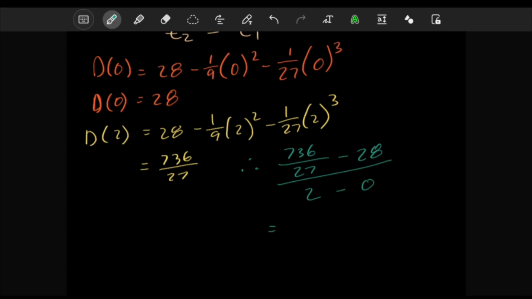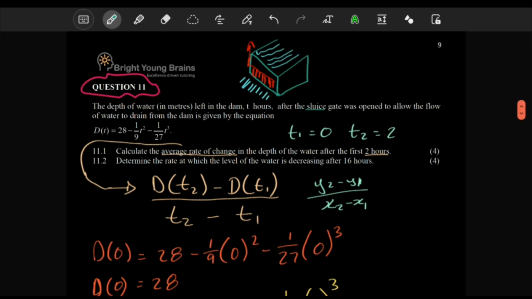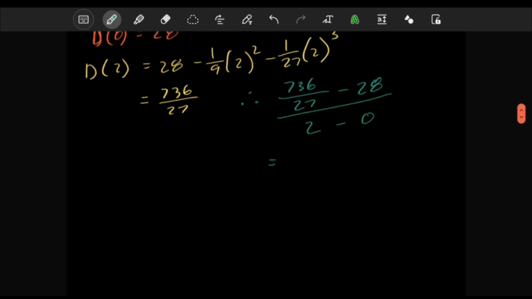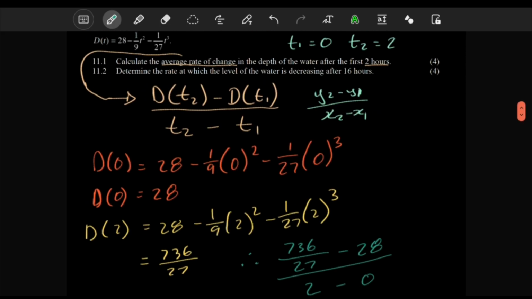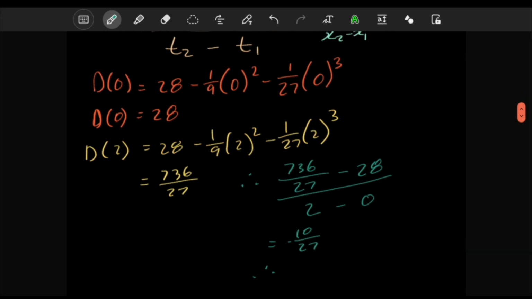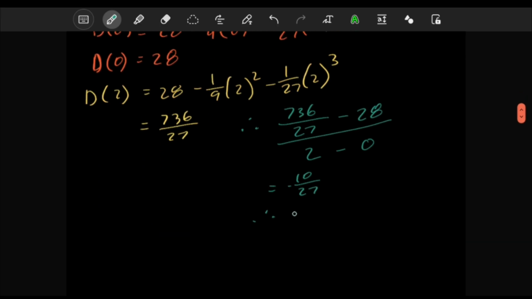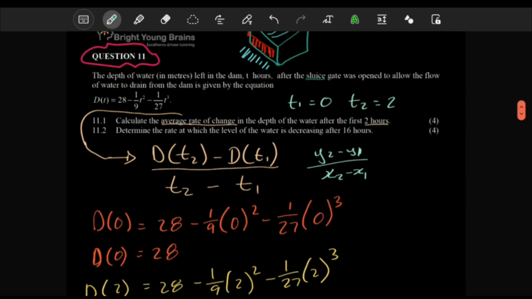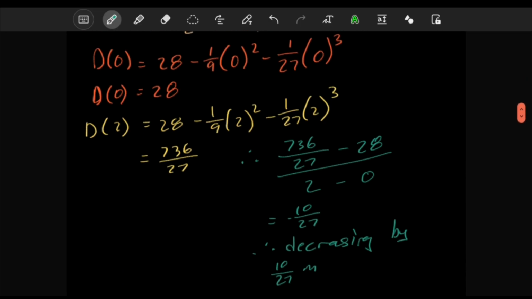We're getting a negative value, because the depth of water is decreasing. The value is negative 10 over 27. Therefore, your average rate of change in the depth of water is decreasing by 10 over 27 meters per hour.